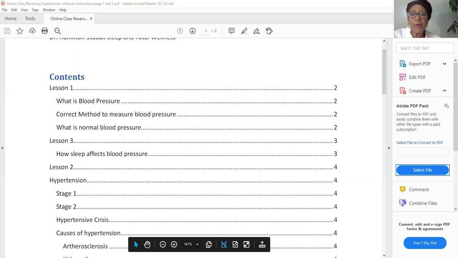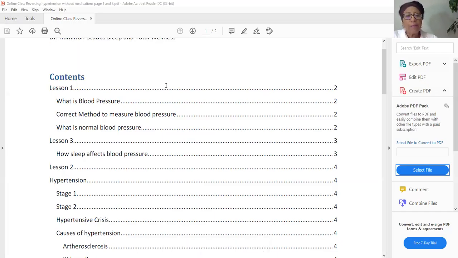And this is what it's going to be covering, and I'm going to use it as an outline to briefly talk to you about how you can lower your blood pressure without medications. First of all, I want to tell you that blood pressure is created by the force of the heart pumping blood through the arteries.